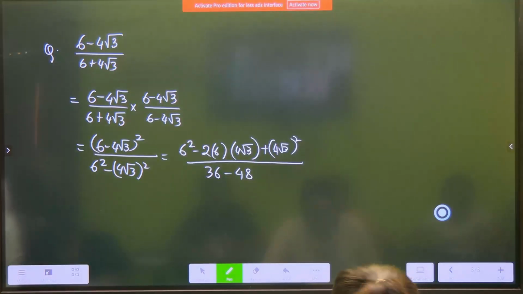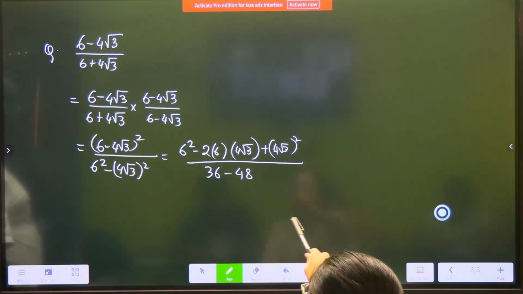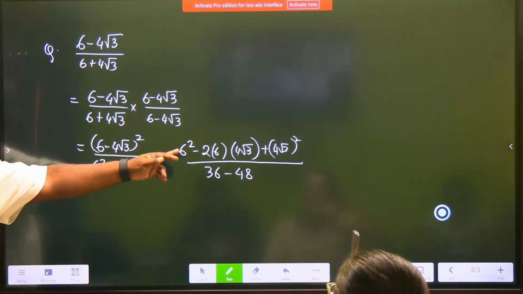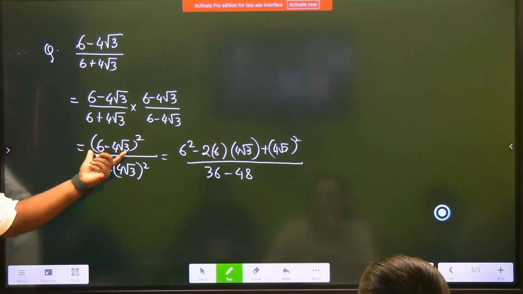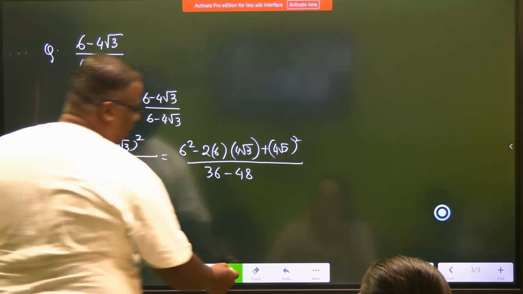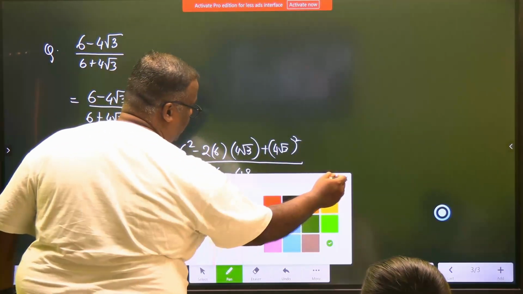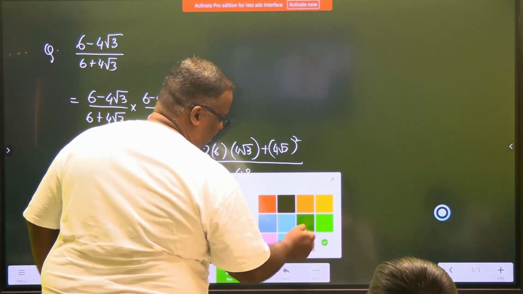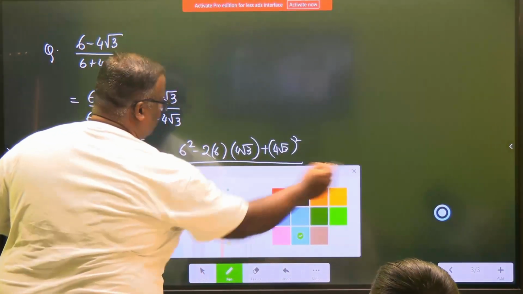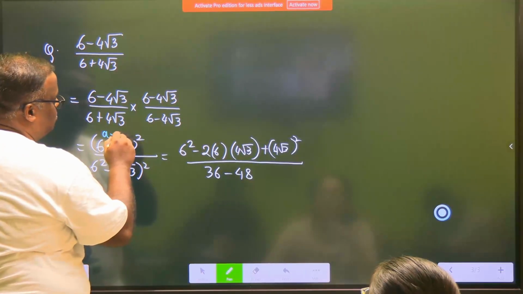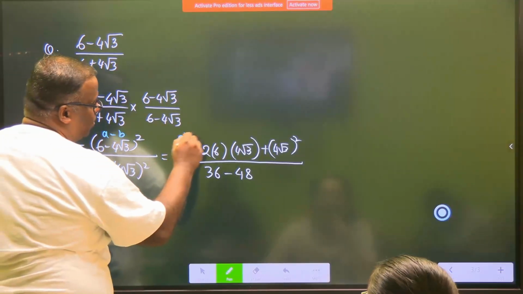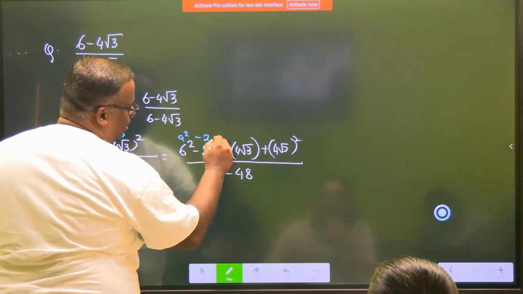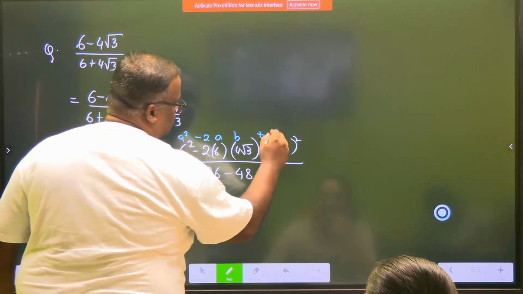Have you understood till here? Clear? Sir, that part. Which one, beta? This (a minus b) whole square. Okay, let's do it with you, changing colors. Okay, (a minus b) whole square, a square minus 2ab plus b square.